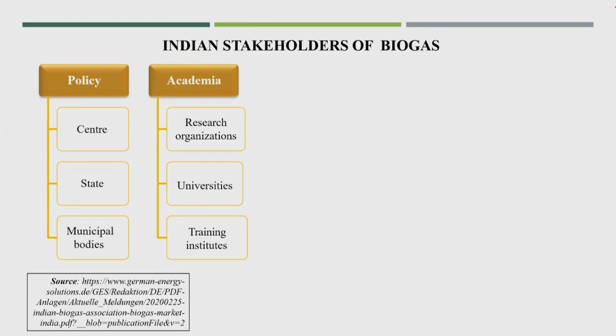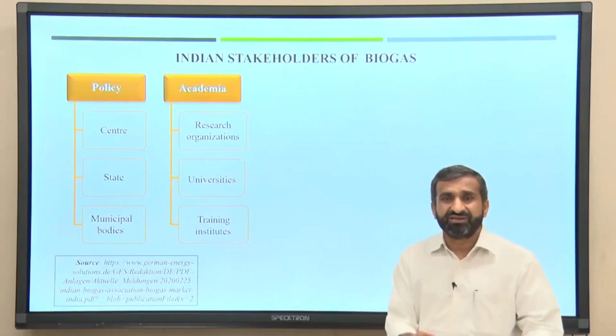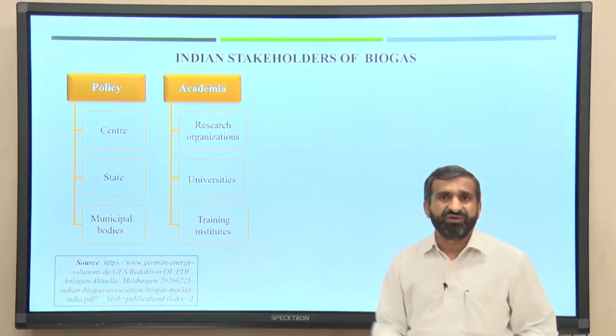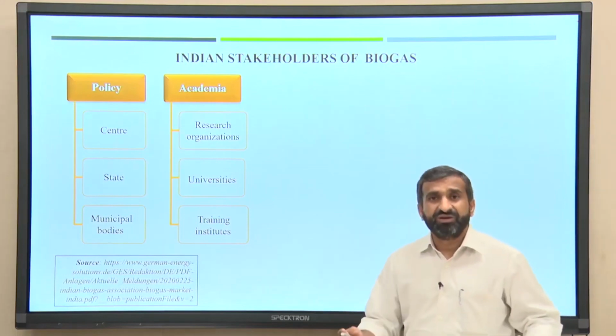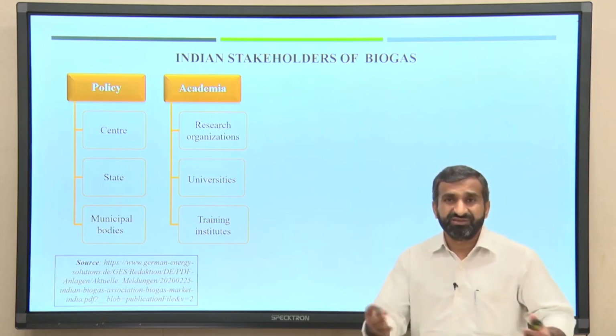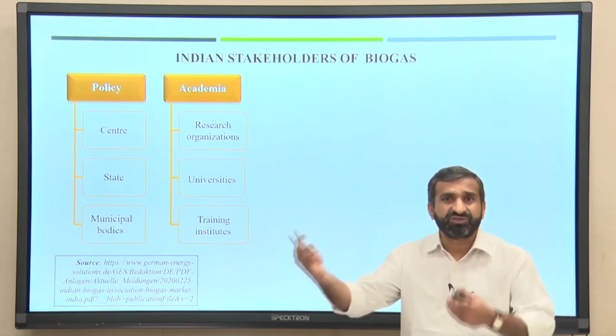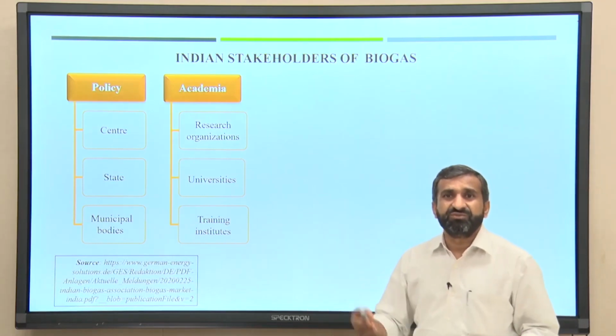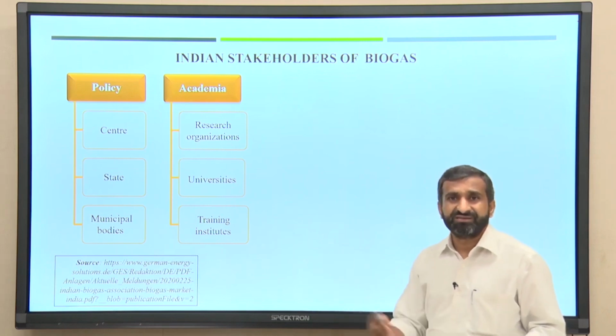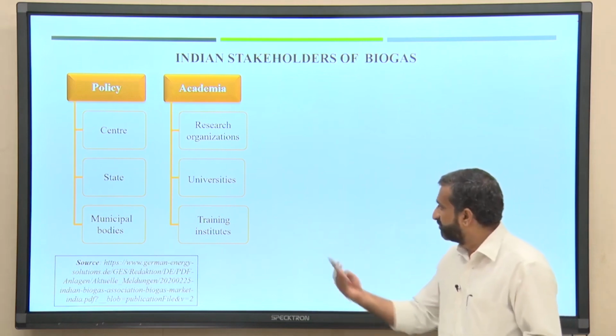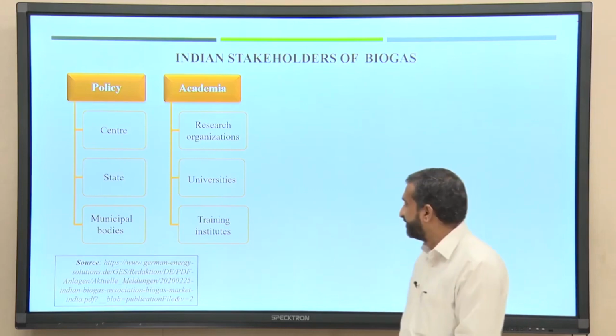Like IIT Guwahati, they have a 10 meter cube reactor. Even in IIT Delhi, there is a center for rural development, and they also have big biogas units on their campus, and also installed in some local rural areas.